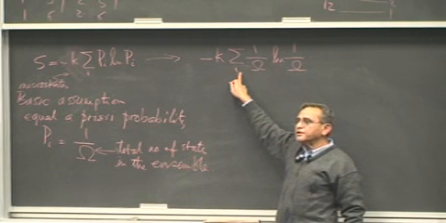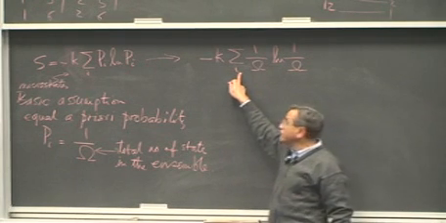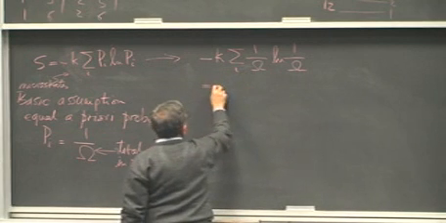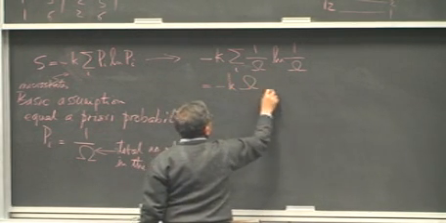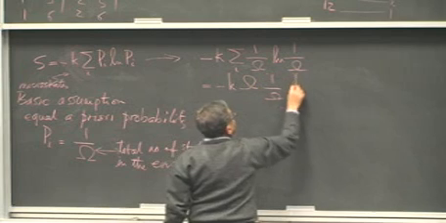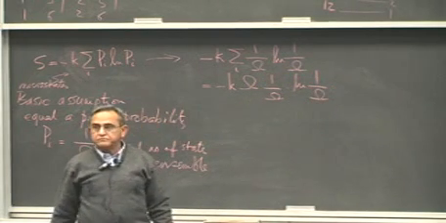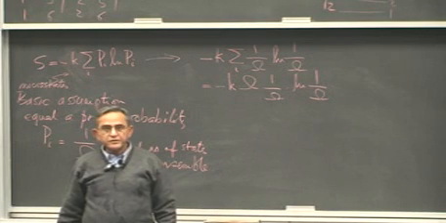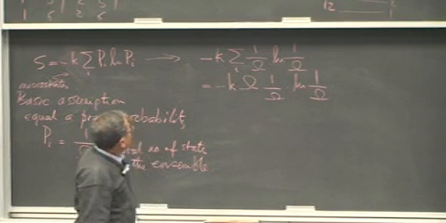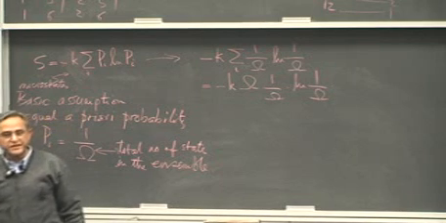This summation is the total number of microscopic states, which is equal to omega. So this is equal to minus k omega times 1 over omega times log of 1 over omega. All right? What is k? We will come to that in a minute.